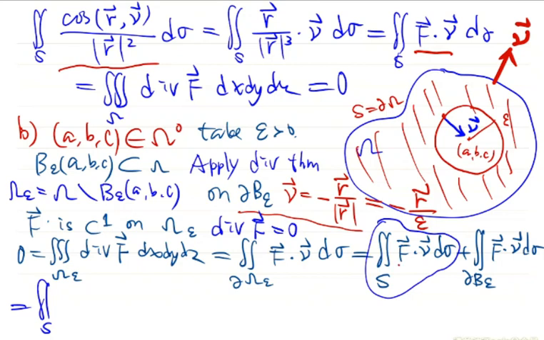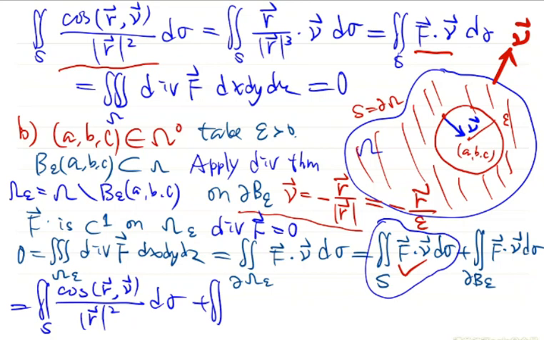So this part can be written as cosine of R and nu over R square. And for the second part, we simply substitute the expression of the related function inside.